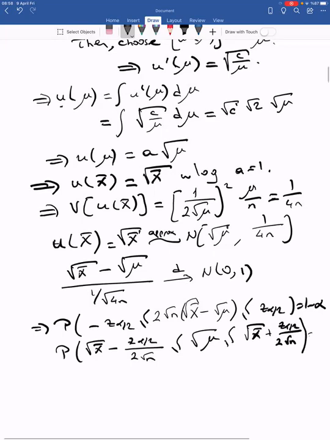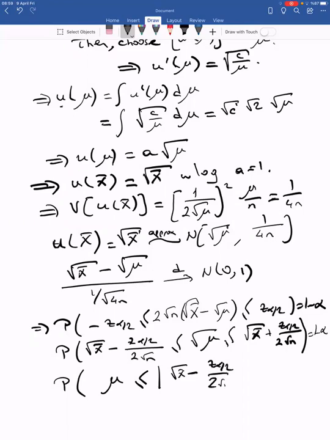This has probability 1 minus alpha. Taking the square of both sides, we will get mu less than or equal to the square root of x bar minus z alpha over 2 over 2 square root of n, all squared, with probability 1 minus alpha.